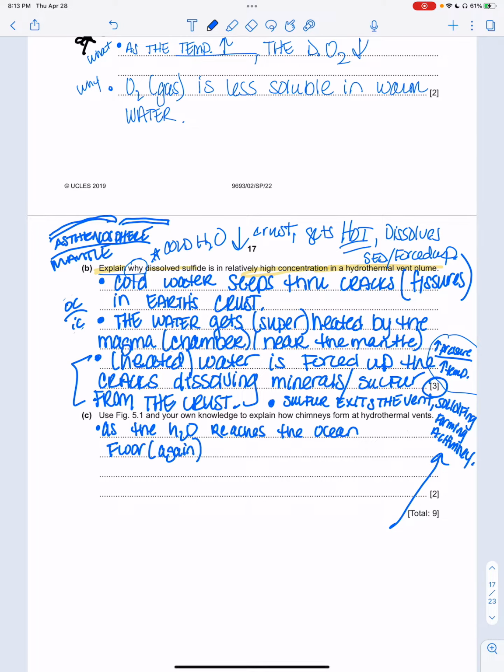I say again because it came from the ocean floor. Minerals precipitate or solidify out of solution, like precipitating out of solution is becoming a solid whenever you're mixed within a liquid, or out of the water.